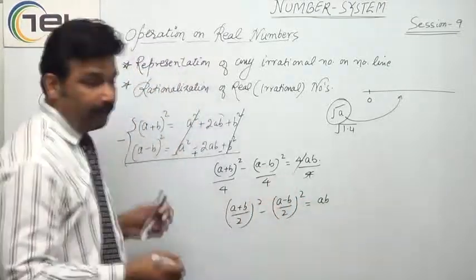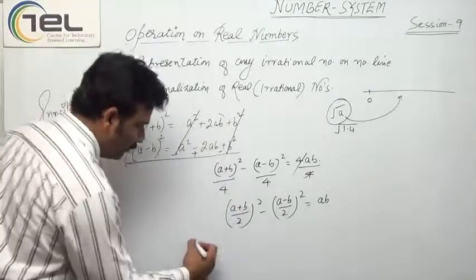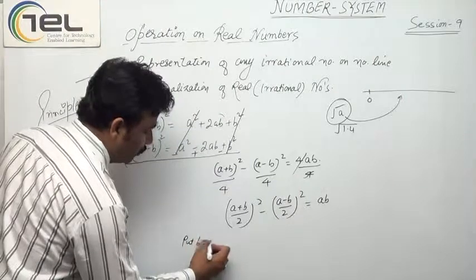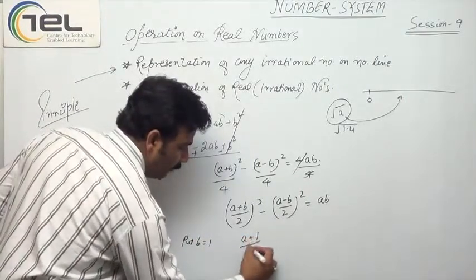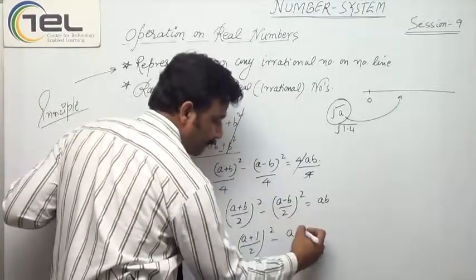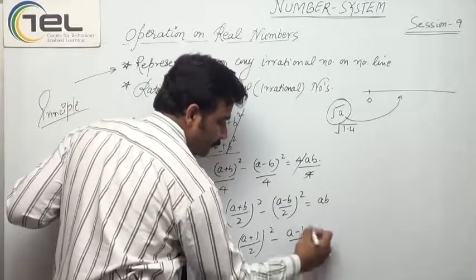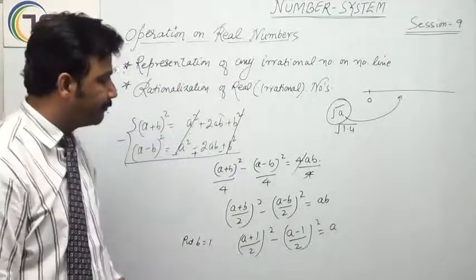Now I have to eliminate b. How can I? Let's put b equal to 1. What will it result in? (a plus 1) by 2 whole square minus (a minus 1) by 2 whole square equals a. Now I have a.